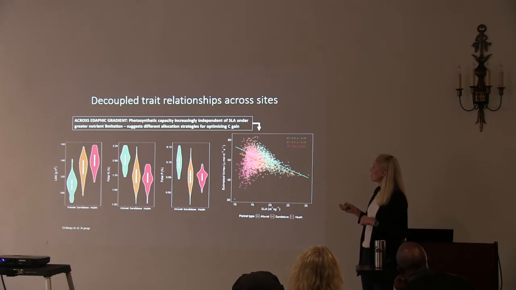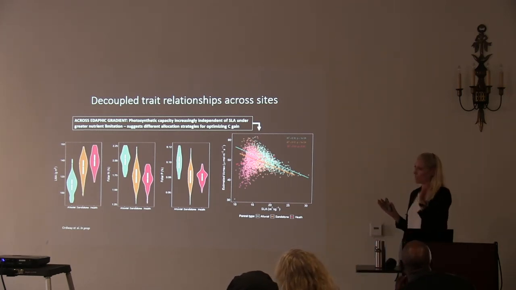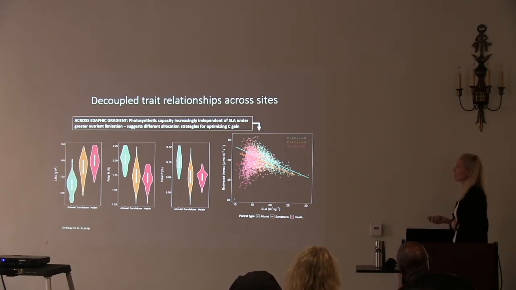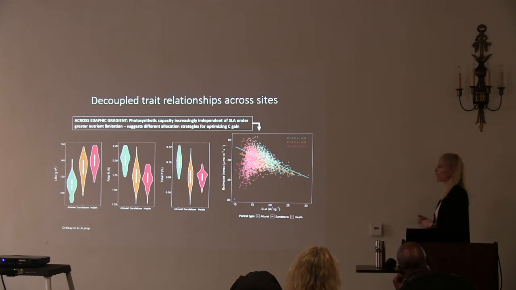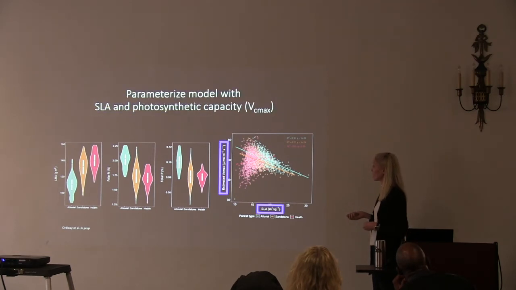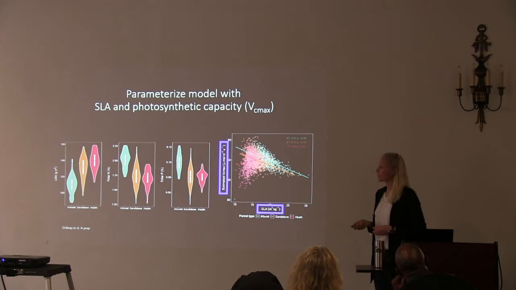But as you move to the heath forest on the other end of the spectrum, that relationship becomes completely insignificant. And so we use this information in the model to hopefully incorporate these potential differences in carbon allocation strategies to represent vegetation dynamics in the model.